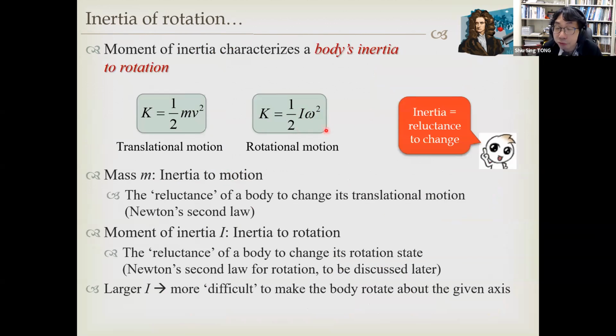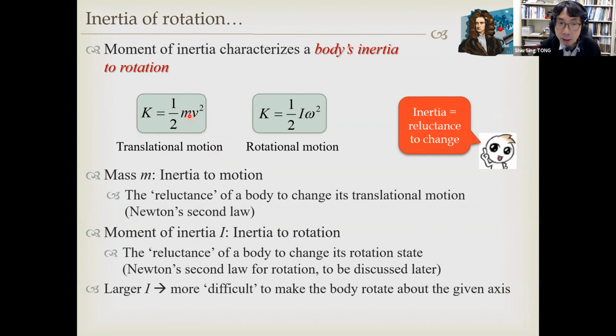When you compare this formula with the formula of the kinetic energy for the translational motion of a single particle, you find them to be very similar. For a single particle in translational motion, the kinetic energy is half mv squared. Now for rotation of an extended body about a certain axis, the kinetic energy is half I omega squared.